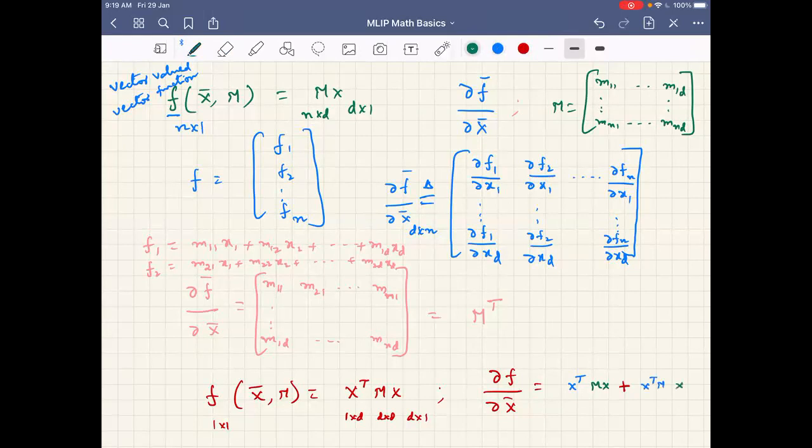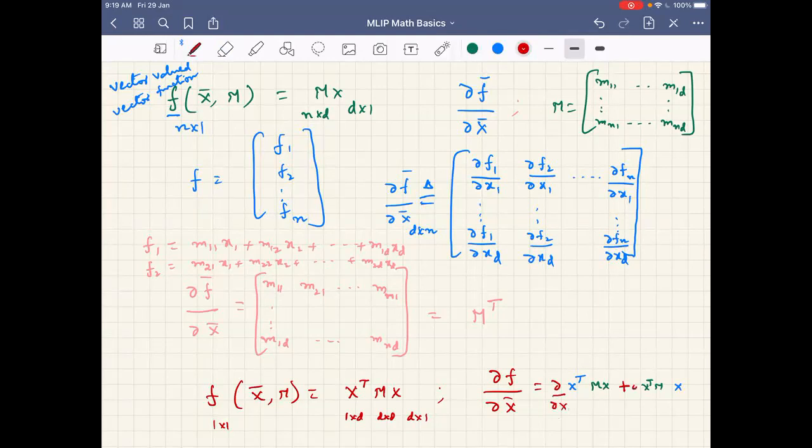In one case, when we do differentiation, dou by dou x, this x now operates on this X transpose.